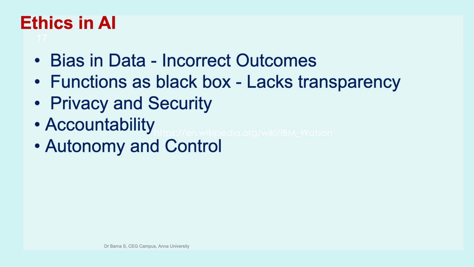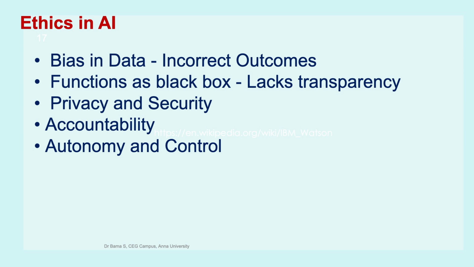Biased means there may be some kind of impurity in the data. Suppose the data is biased or incorrect, then the decision that it gives is also incorrect. So, when it gives that incorrect output, we do not know whether it is actually correct or wrong. So, it would affect our usage also.